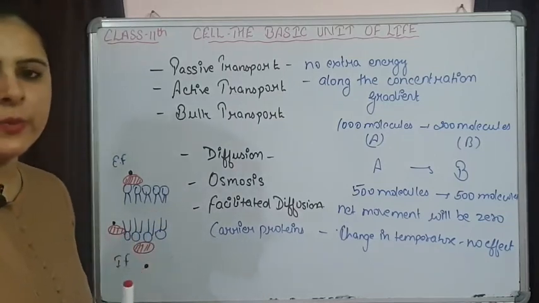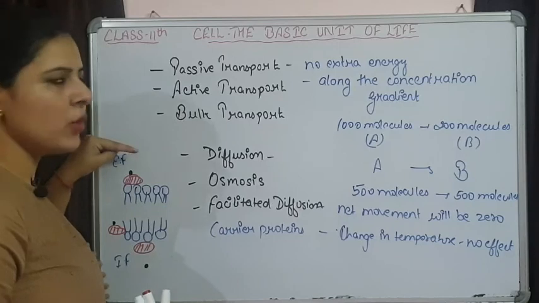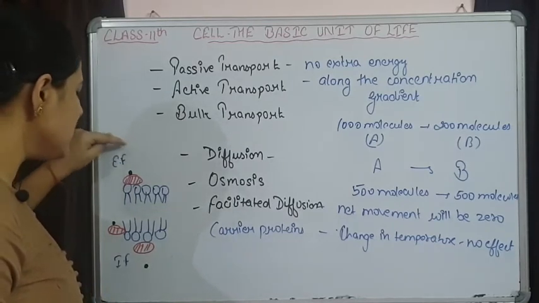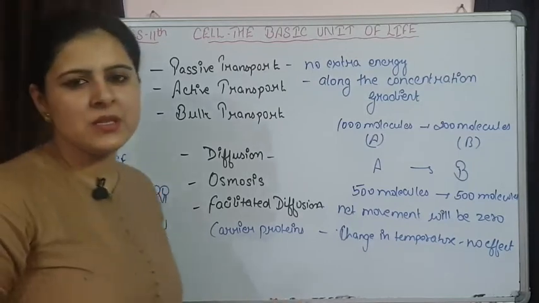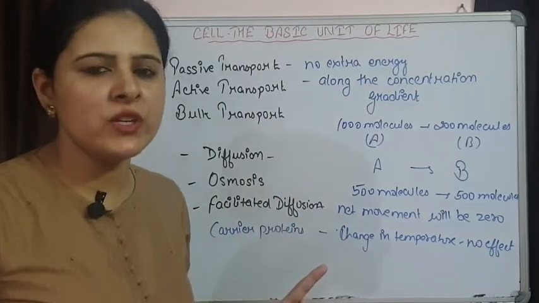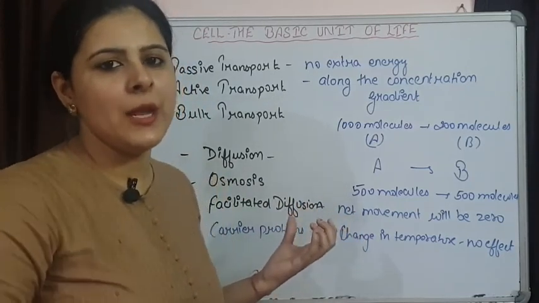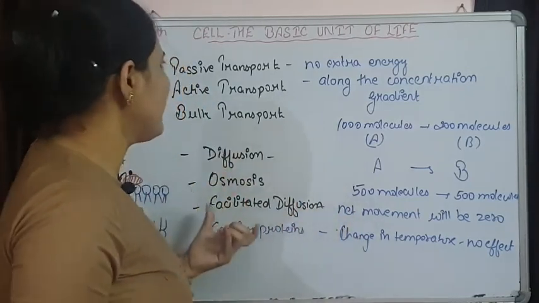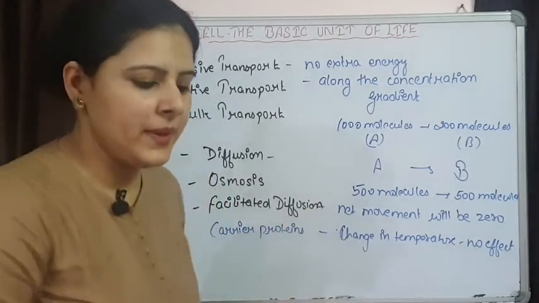So what this carrier protein has done, it has transported a molecule from outside the cell to inside the cell. So movement of substances is there without requirement of energy, but that is facilitated by a protein, that is helped. So these are the types of passive transport that are occurring through the plasma membrane.